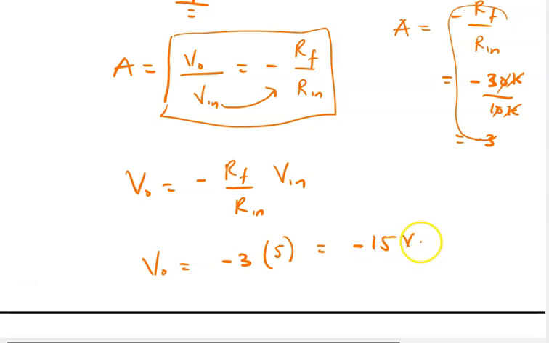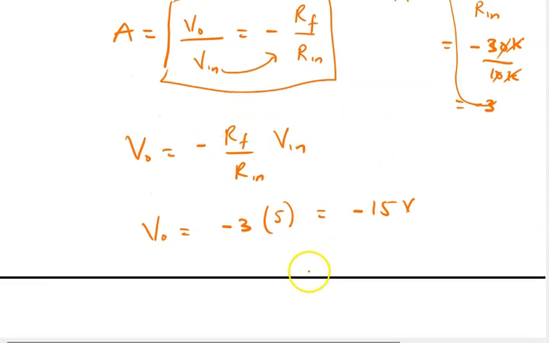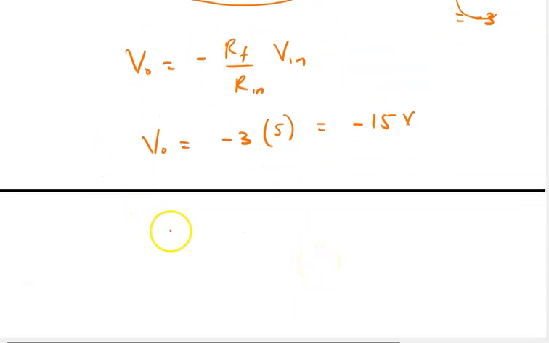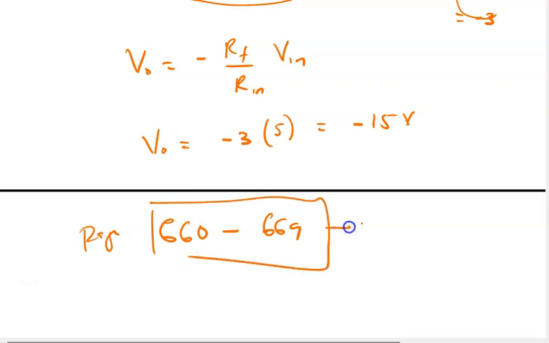So that's it for the op amp. It's very simple and it's formula based. On this note, I'll encourage you to solve the questions. If you have any challenge, just let me know, right? Pages 660 to 669 of the book that I gave you have a lot of questions and formulas under op amp.